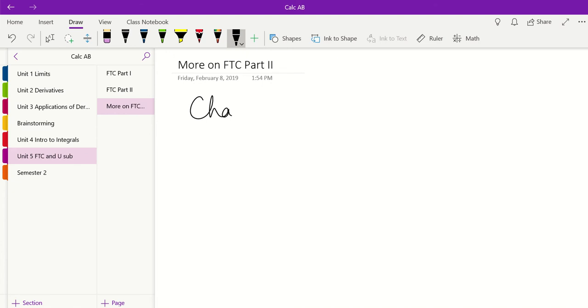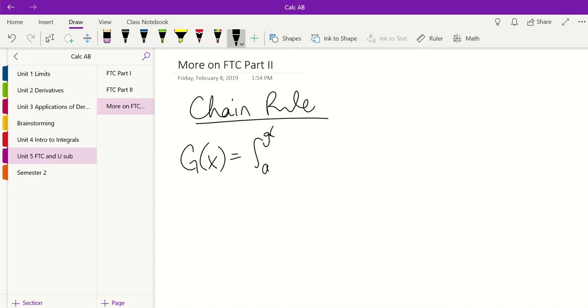So I want to start by talking about how the chain rule applies to the fundamental theorem of calculus part 2. Consider that you have some function, capital G of x, which is the integral from a to a function of x of f of t dt, where that function little g of x can be x squared, sine of x, all kinds of different things.